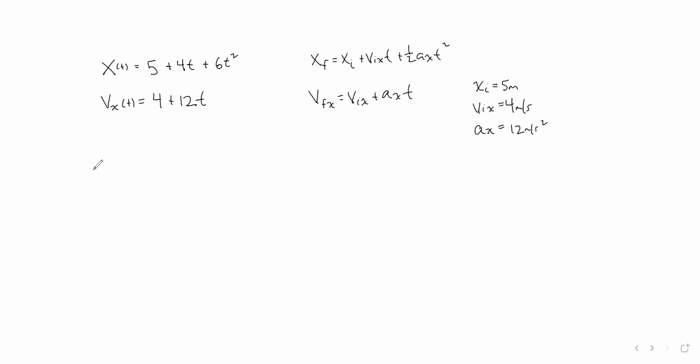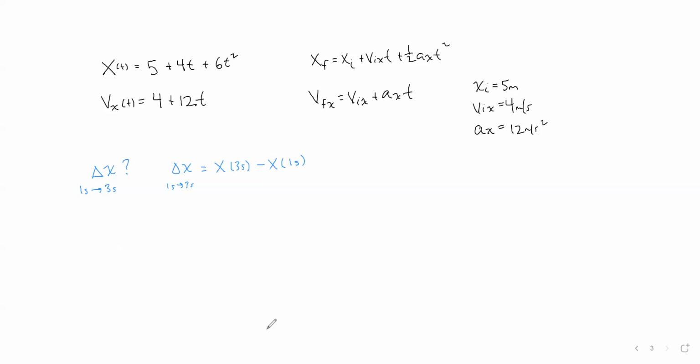Well, what if I were to ask you what's the displacement between 1 second and 3 seconds? I want to know the displacement of the object between 1 second and 3 seconds. Well, I know what that is. The displacement between 1 second and 3 seconds is just the position final, which is the position at 3 seconds, minus the position initial, which is the position at 1 second.